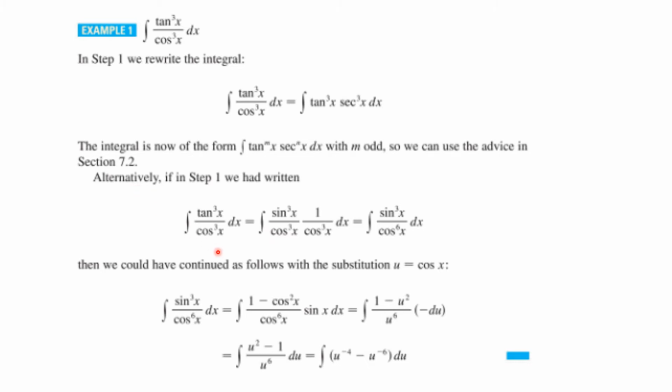Alternately, what you could do is make everything into sines and cosines and end up with this. And then you could have continued with u equal cosine of x. Now you would have to change this cube into 1 minus cosine squared and strip out the sine. And then you divide and make the u substitution, and that would work. So you see there's a couple approaches on this problem number 1, or example number 1.